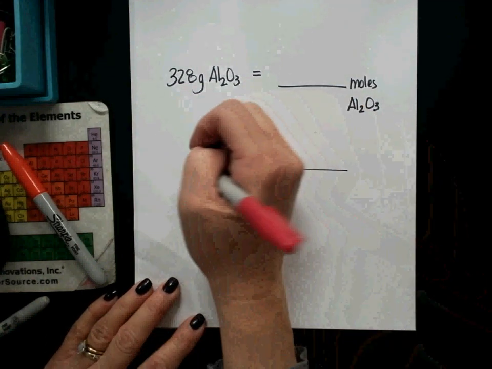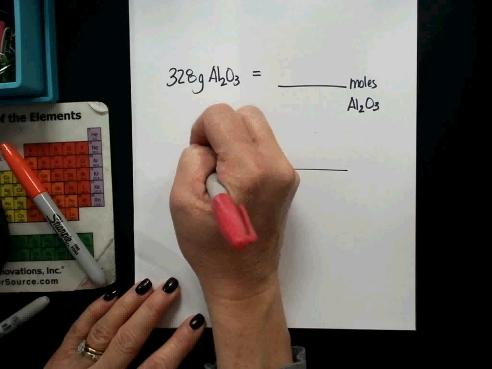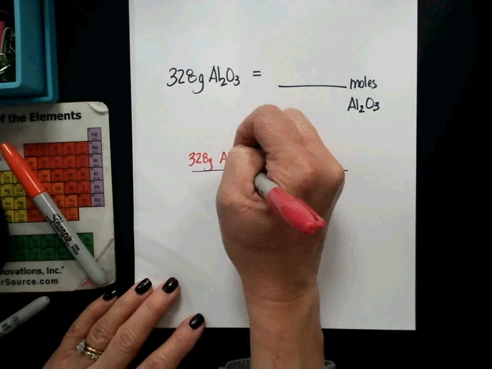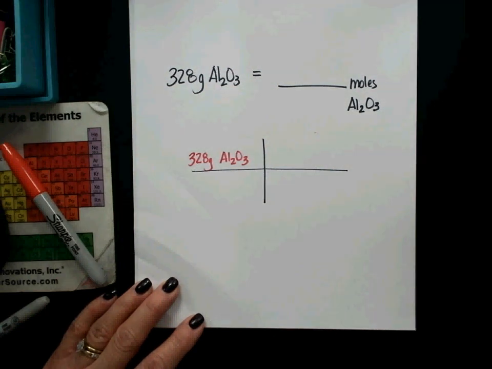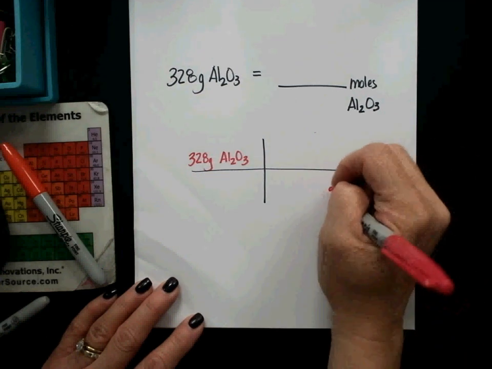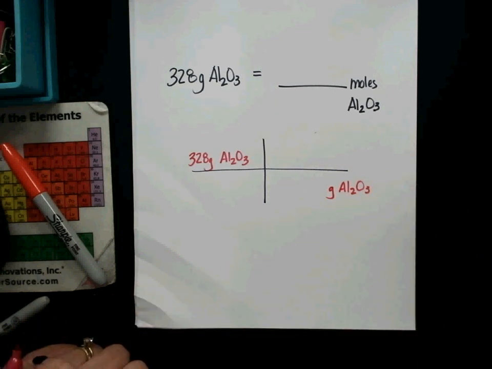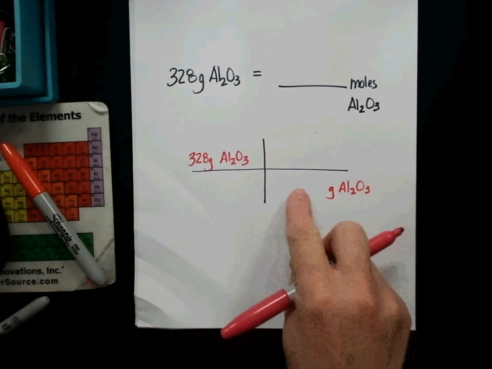Okay, Lindsay, what goes in the first box? Okay, you guys agree with her? So what units do I need to cancel out, Lucas? Grams. And you cancel out grams.